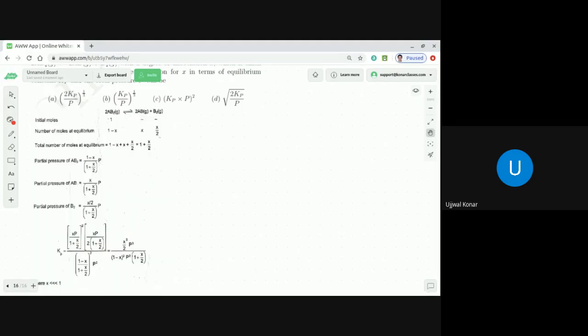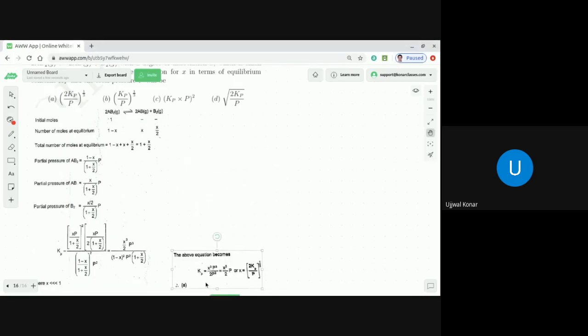First, you find the total number of moles at the equilibrium, and after that we find the partial pressure of AB2, AB, and B2, and from there eventually find the value of Kp. Correct or not?